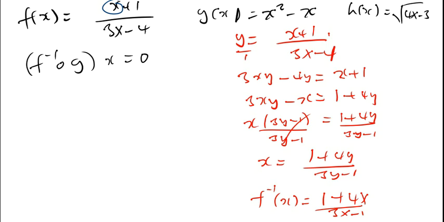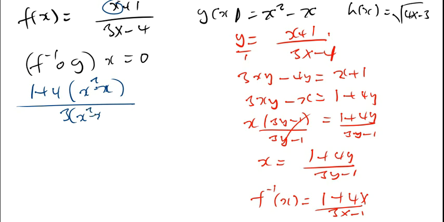Now where there is x, put g. It means that this is going to be 1 plus 4, where there is x, put g, which is x squared minus x, then divide it. I'm going to divide everything by 3. Where there is x, you put this, then minus 1, equal to 0.